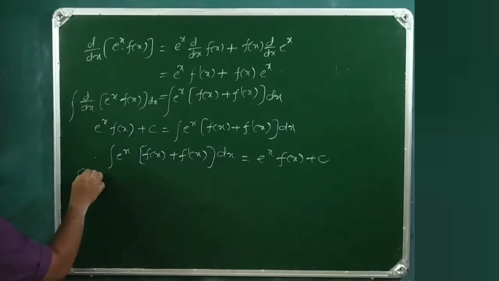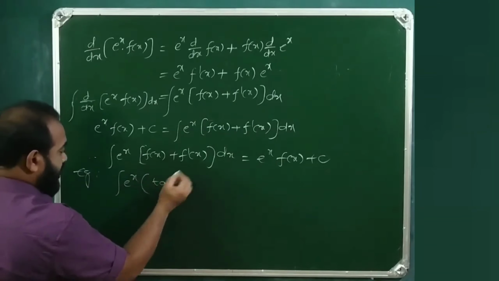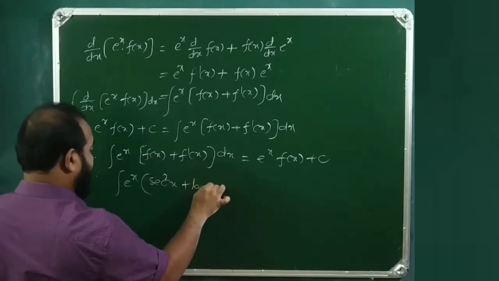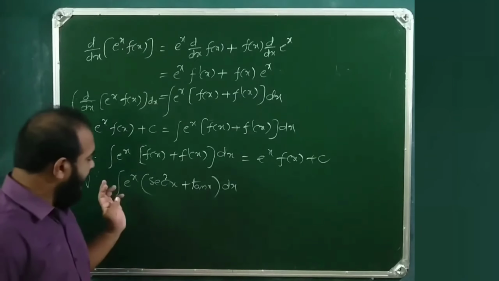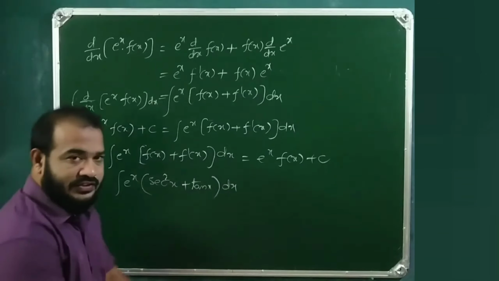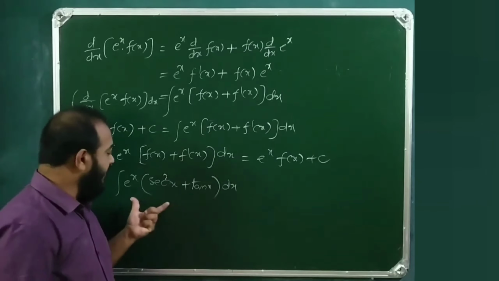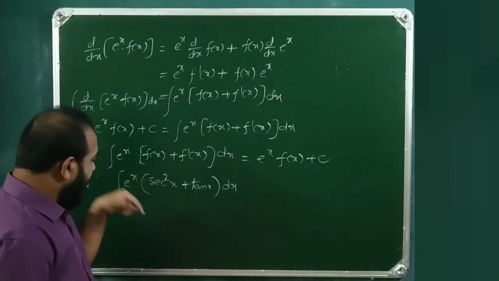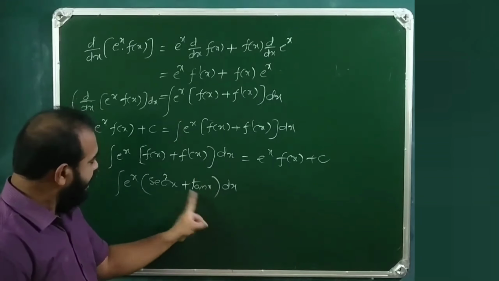For example, integral e power x into secant square x plus tan x dx. If you are asked to evaluate the integral of this, then first we need to check which is the original function. Is tan x the original function or secant square x? So ask yourself, d by dx of secant square x is tan x? No. But d by dx of tan x is secant square x.